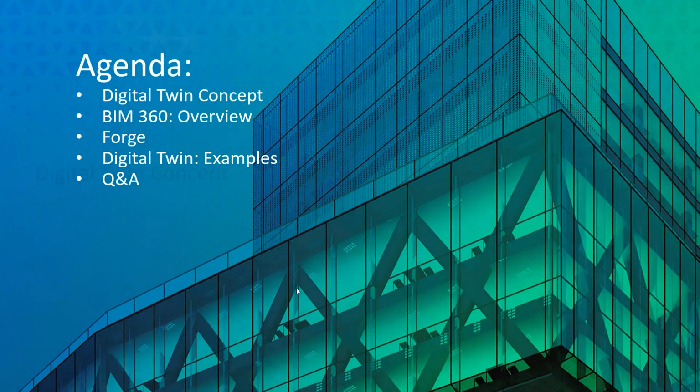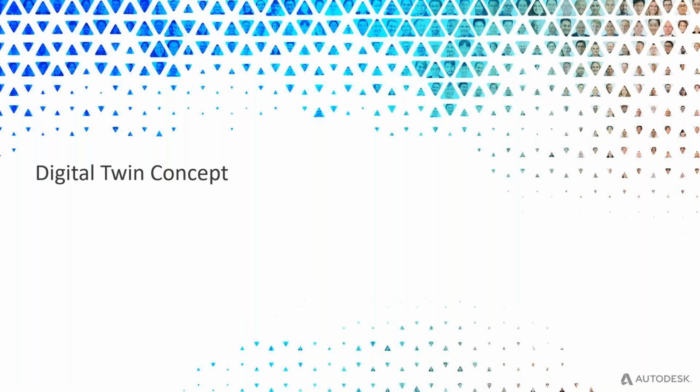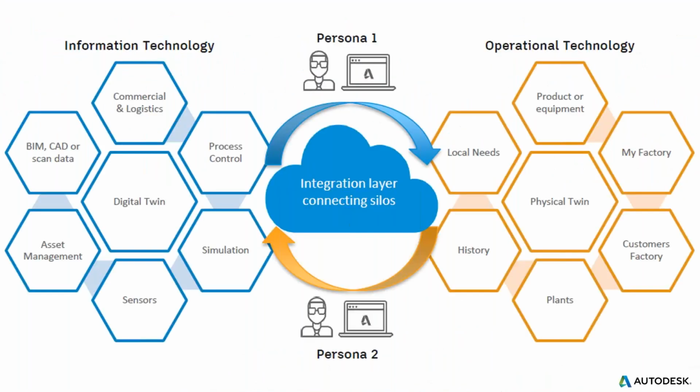All right, so off we go, digital twin concept. So essentially, what does that mean? Well, actually a digital twin means a lot of different things to a lot of different people, I would say. But essentially, the key to it all is that we're going to be leveraging the information that sits within the design, so within the BIM, building information modeling, and we're going to hook it up to all kinds of other information that sits within the company, but that might sit on the building project itself, so within the building itself, such as sensor information, etc. And essentially we can do 2 things with that information.